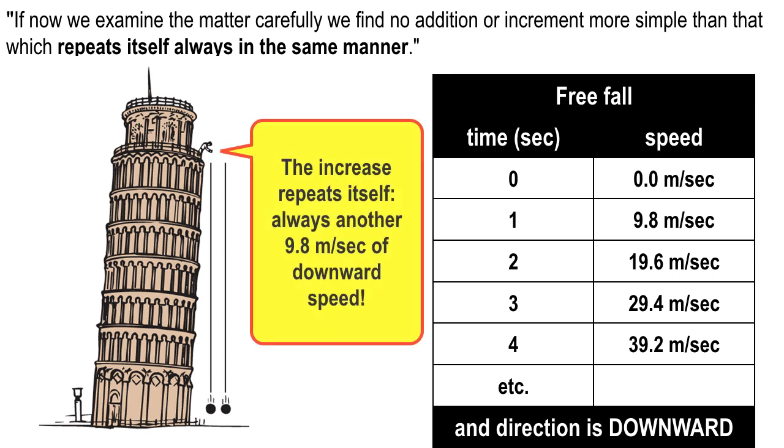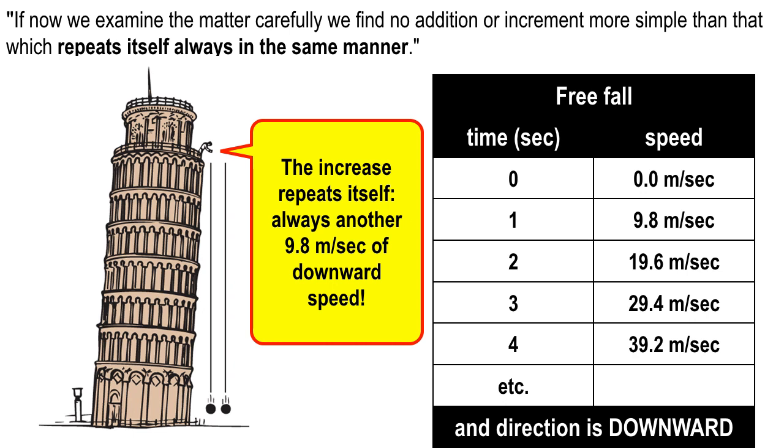Okay, and that's this idea that the increase in downward speed is always the same. And that's for free fall. Now, the increase in the upward speed for that rocket is not always the same, because that velocity graph is getting steeper as time goes on.